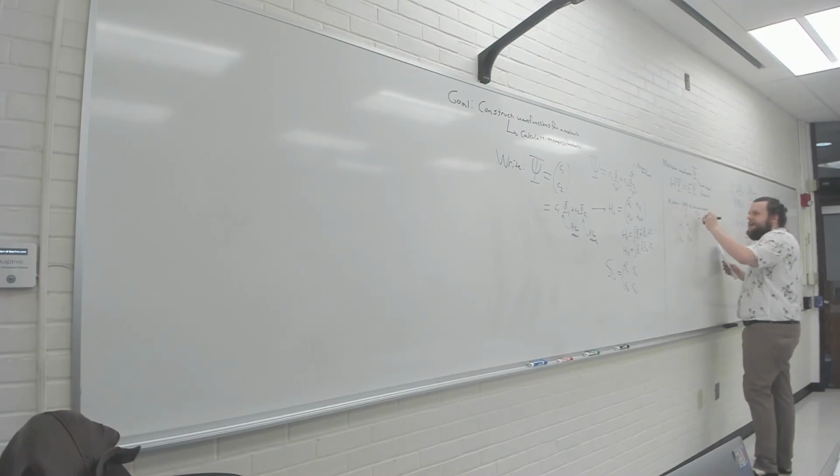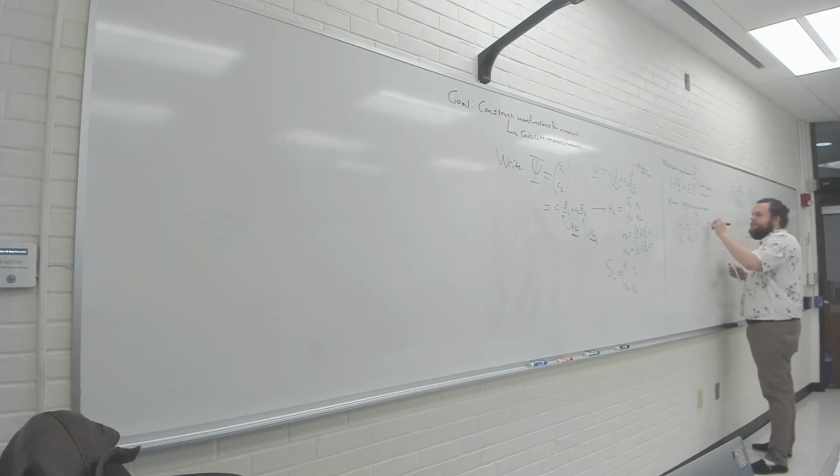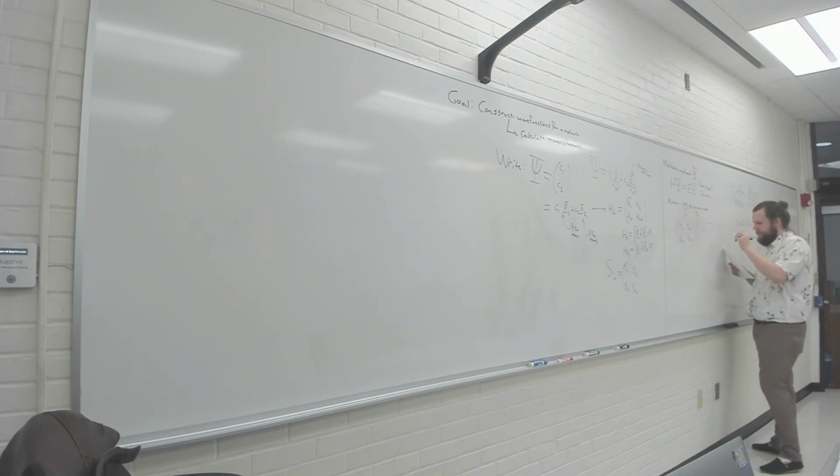Now we have psi in the Schrodinger equation, and that's represented as C1, C2. And that's going to be equal to the energy, H psi equals E psi, times the overlap matrix, times C1, C2. So this is E here, this is E, and this whole thing right here is psi.